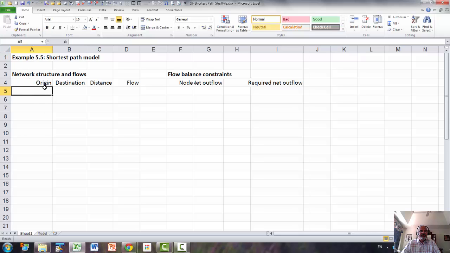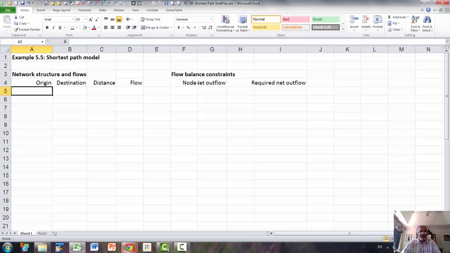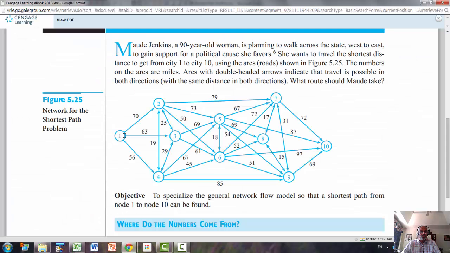Again, we need to set up the origin and destinations and the distances that are given in the network. So let's look at the network. We have from 1 to 2, 1 to 3, and 1 to 4, the three arrows going out of 1.